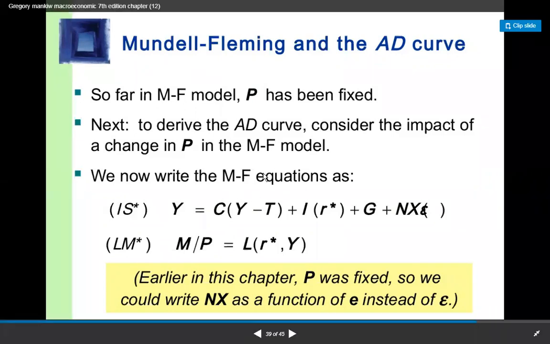the Mundell-Fleming model equations. The IS equation, as you know already. The LM equation, as you know already. IS star, LM star mean this is a different one because here we want to discuss the aggregate demand curve. R star equals the world real interest rate.